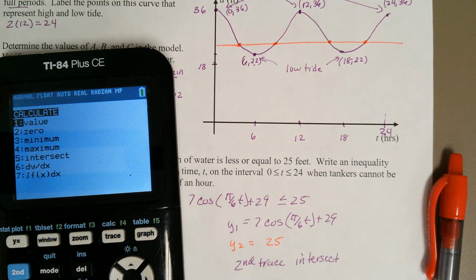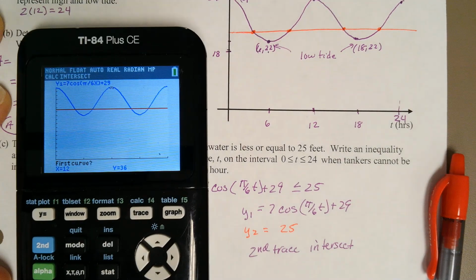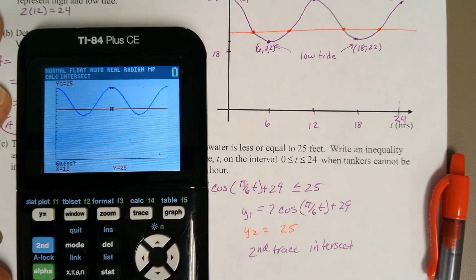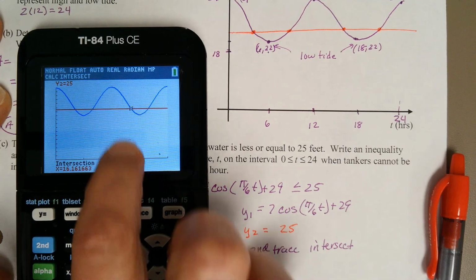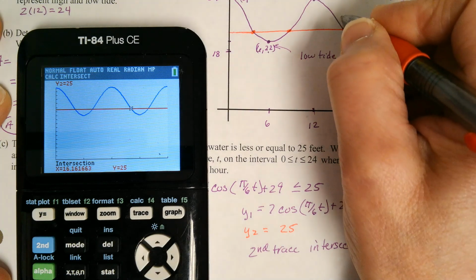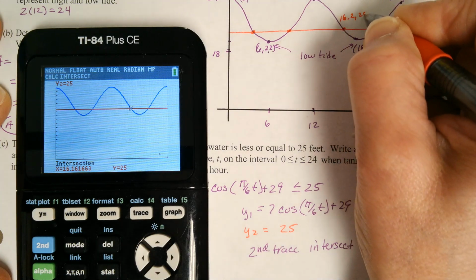Okay, so second trace, number 5. Again, please make sure you're doing this on your own calculator, not just watching me do all the work. First curve, enter. Second curve, enter. Guess, enter. Took me to that point. So to the nearest tenth, 16.2, comma 25.